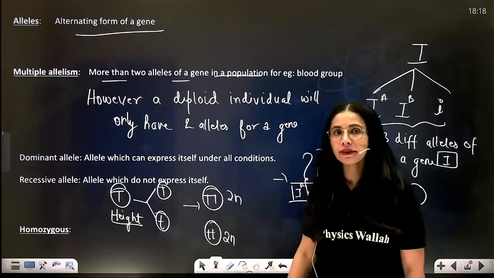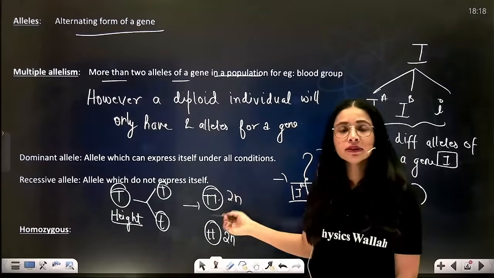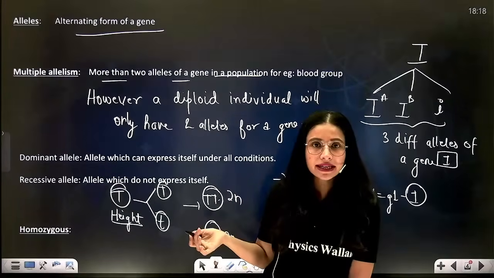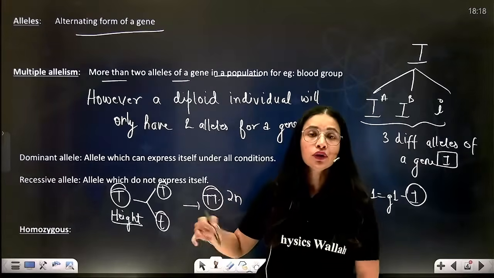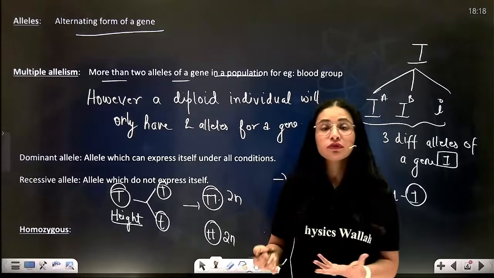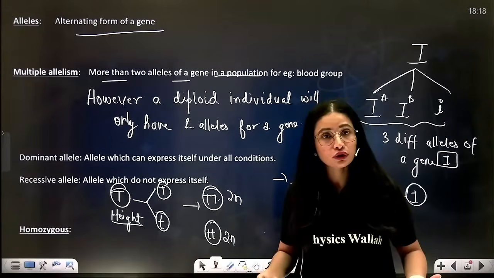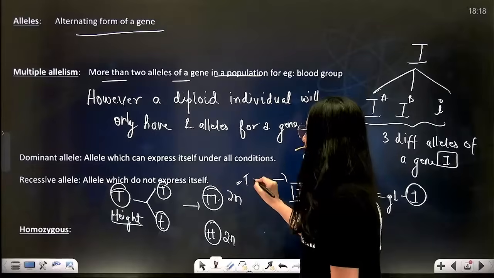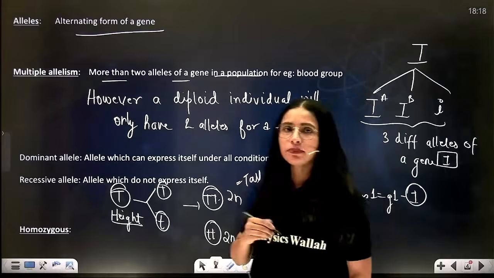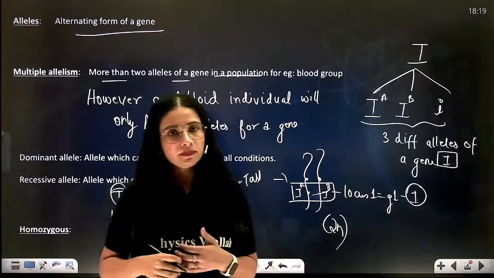Now what will happen? Here, both are the dominant alleles. They are going to express themselves. They are going to produce proteins which are going to increase the production of growth hormone, and hence the body is going to become tall. So an organism having this combination will appear to be tall.